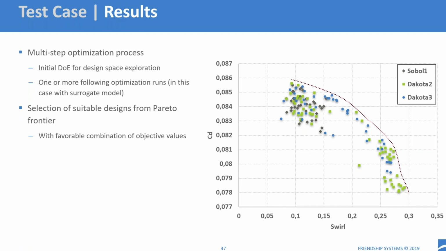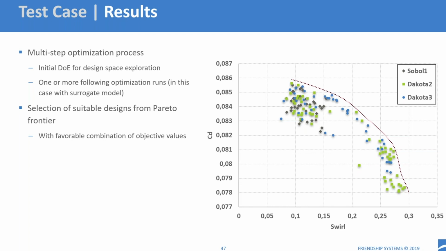And then based on that DOE data, we ran a couple of following optimization runs. In this case, we used a surrogate model that was created with the data from the DOE and then refined with some subsequent CFD computations.